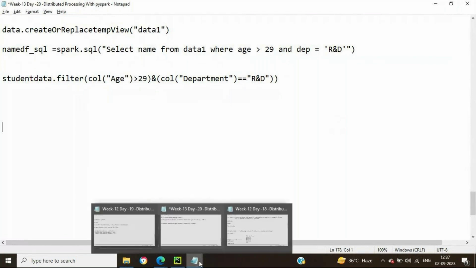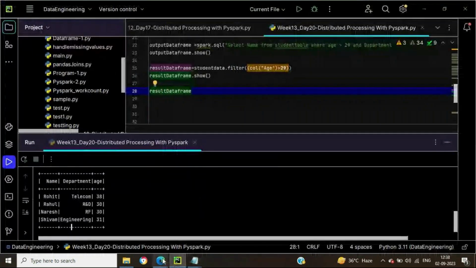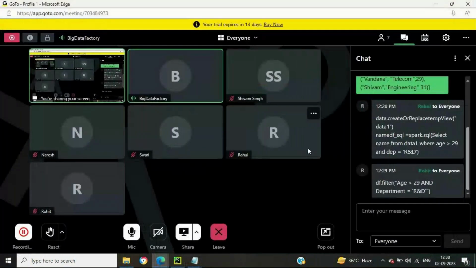I'm going to share 50 questions with you all. I have prepared an assignment and that will give you more insight about PySpark. Now what we are going to do is, if Rohit has completed the assignment, then we are going to have certain groups, so Rohit and Shivam are in one group.